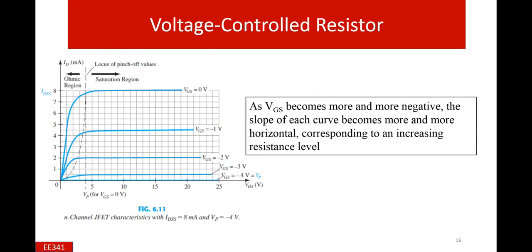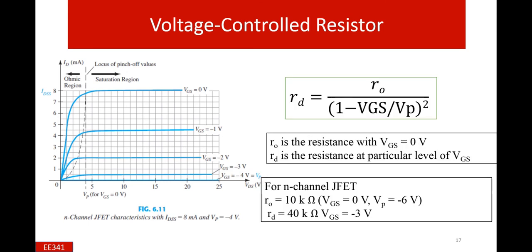This is the wording picked from the book: if VGS becomes more and more negative, the slope of each curve becomes more and more horizontal, which makes the resistance level increase gradually with the decreasing potential between the gate and the source. And this is the important case which can be described quantitatively. So these important results are derived here.